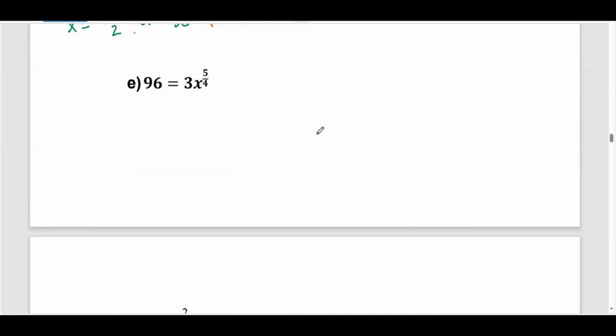So whenever we have exponential equations, step number 1, we just need to look at the rules. The rules surrounding exponential equations are that if we have a to the m is equal to a to the n, okay, so for as long as the bases are the same, which means the exponents must also be the same.